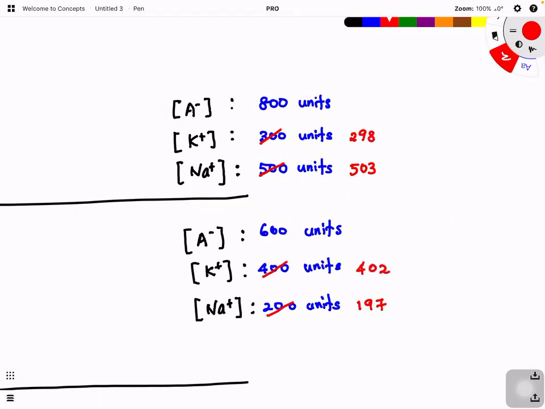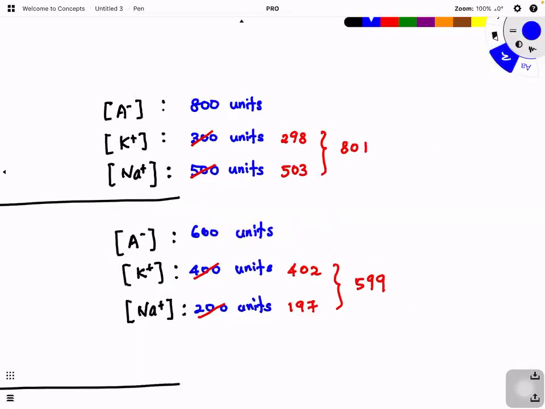So the positively charged ion outside would be 801, and the positive ion inside the neurons is 599. So now outside starts to have a positive 1 charge, inside now -1. So you start to build up positively charged outside, negatively charged inside.